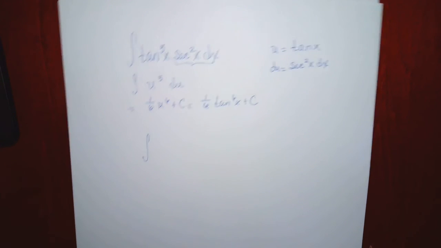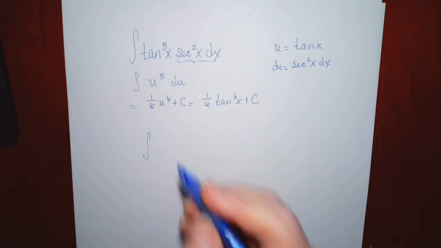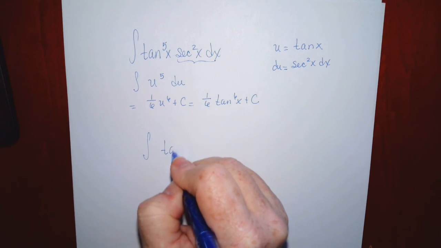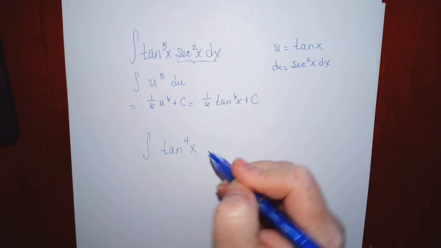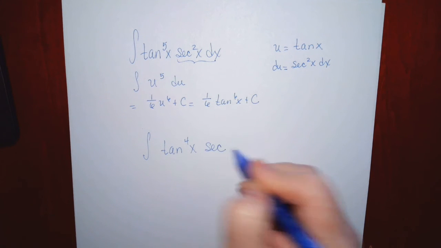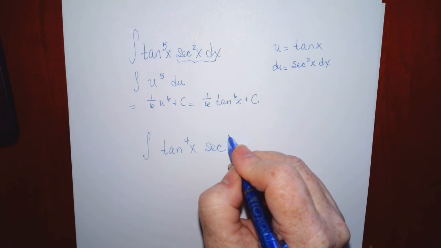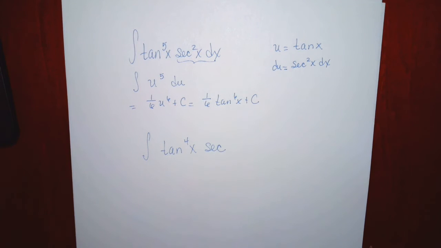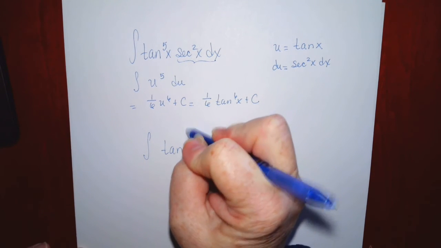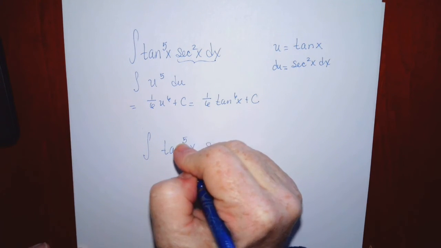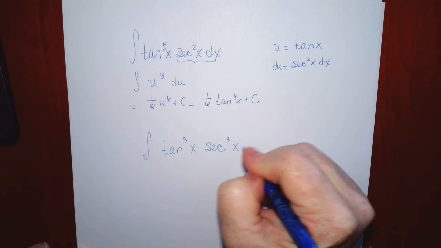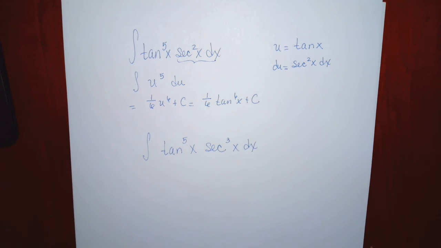All right. What if we had something like, let's make this a 5th. So let's say we have a tangent to the fifth times a secant cubed.